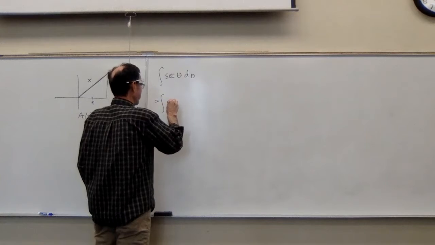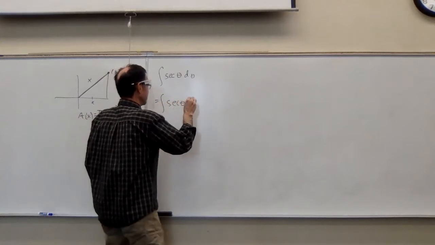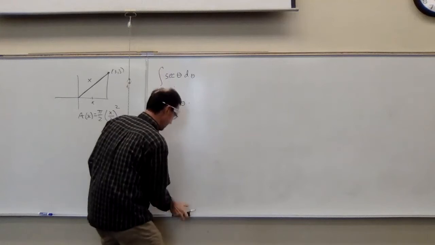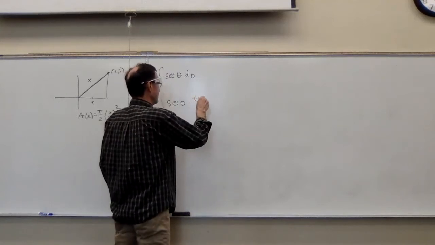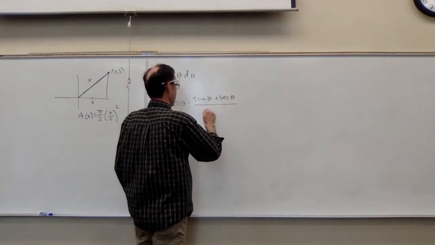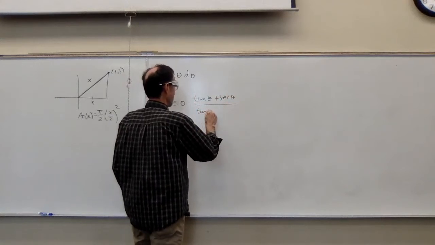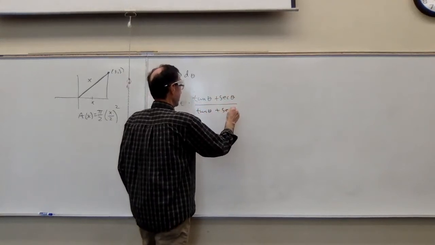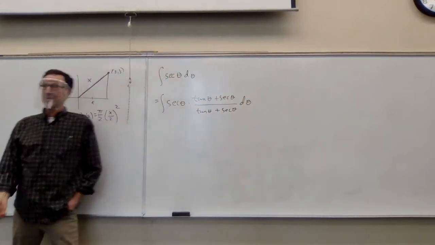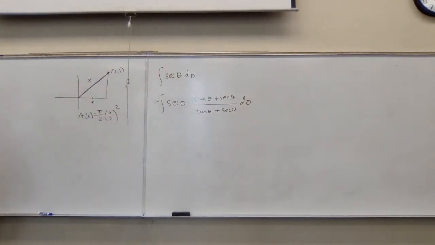So this super creative person said, look, just multiply by, I think I want to write tangent first, tangent theta plus secant theta divided by, of course, the same thing, so that I'm multiplying by 1. And while it looks a whole lot worse, it's the same thing. Multiplying by 1 doesn't change anything.